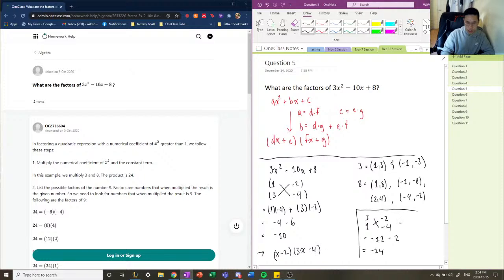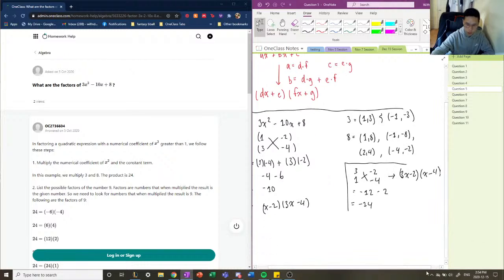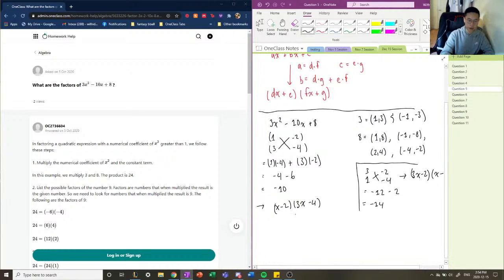In this other ordering, if we were to convert it, we'll get 3x minus 2 times x minus 4, right? Which is not the correct factors of our quadratic equation here. So these are the factors, x minus 2 and 3x minus 4. These are the factors of our quadratic function, and we were able to do that by using this cross multiplication method. Right?